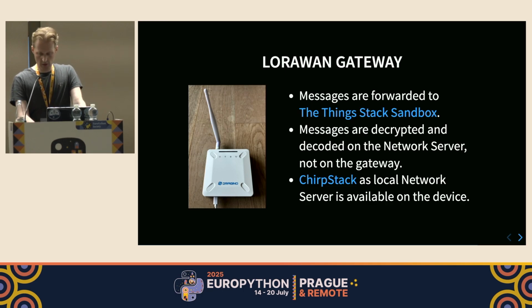Here, I'm using The Things Stack sandbox, which is connected to many gateways all over Europe. The gateway cannot see the message content as it's encrypted, and it's finally decrypted and decoded on the network server. An alternative would be to run a local network server like ChirpStack directly on the device.